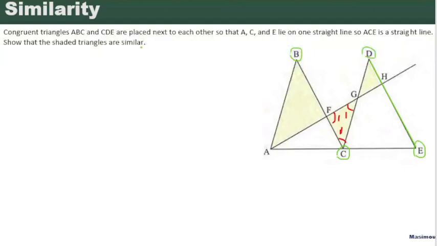I use the congruent triangles, which says the corresponding sides are equal and the corresponding angles are equal as well.